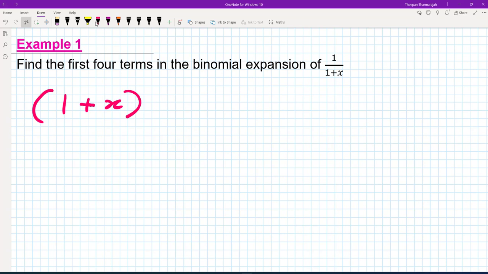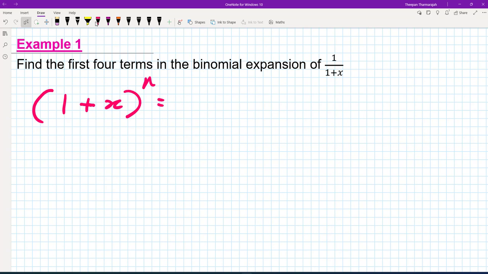It doesn't matter. As long as we've got it in that form, then we're in the right stage. So raised to the power of n, and we have this version of the binomial expansion, which belongs to an infinite series.